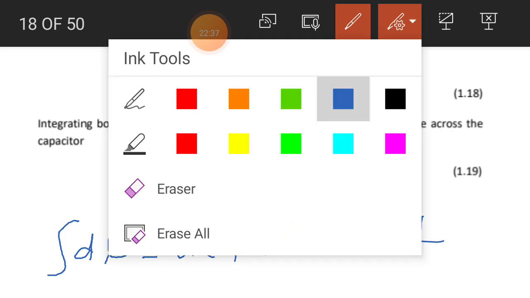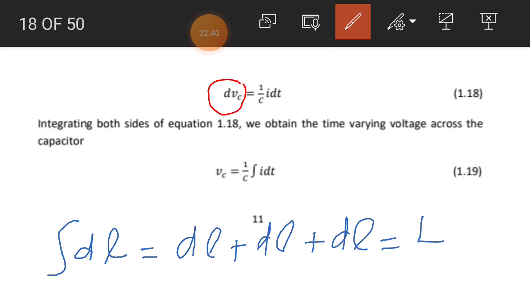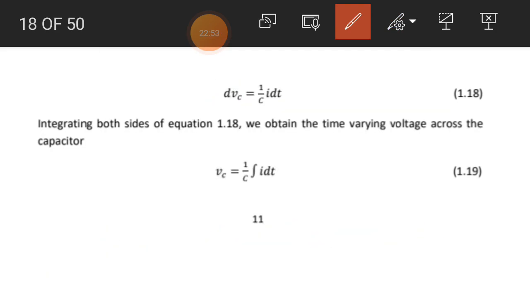Similarly, I have differential voltage over here. This is a very small portion of the total voltage across the capacitor. Let's say the differential voltage across the capacitor is 10 raised to power minus 6 volt, a very small portion of the total voltage.